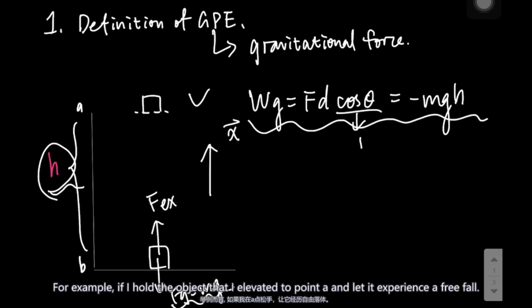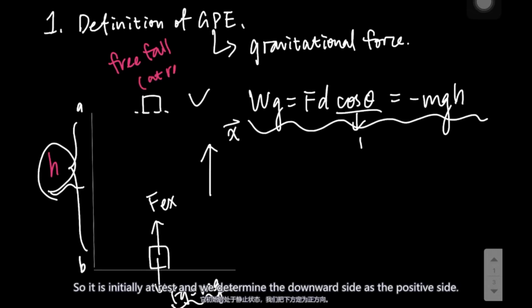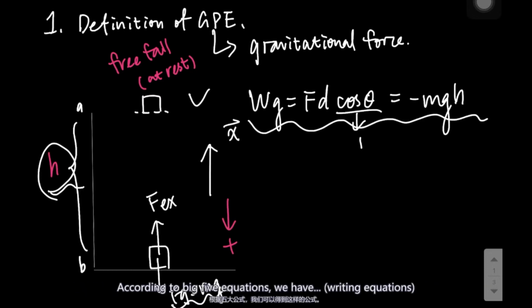Okay, so remember this. Let's think of another situation. For example, if I hold the object that I have elevated to point A and let it experience a free fall, so it is initially at rest, and we determine the downward side as the positive side. According to the Big Five equations, we have this. And we can write it as this in this case.